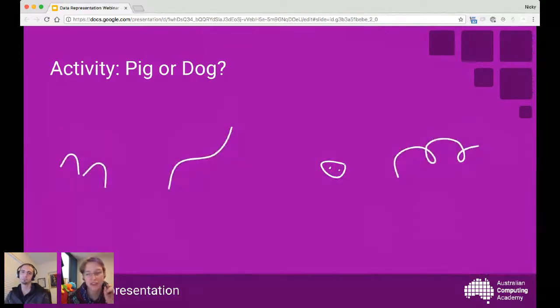So here we've conveyed dogginess or pigginess in very few lines, in a very compressed format. I'm not sure that I would be able to identify the one on the left as a dog and not, say, a cat, given a different question. But in terms of what the important distinguishing features are here in order to represent this information, this is all that's really needed.